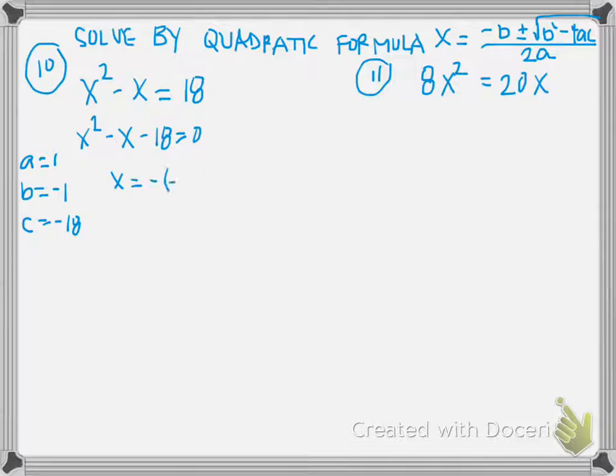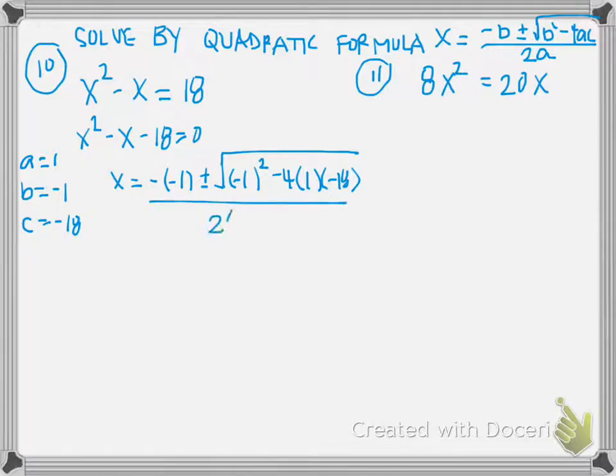So negative times a negative 1 plus or minus the square root of b squared minus 4 times a times c, all over 2 times 1. So it's going to be 1 plus or minus the square root of 1, minus 4 times negative 18, which is a positive 72.